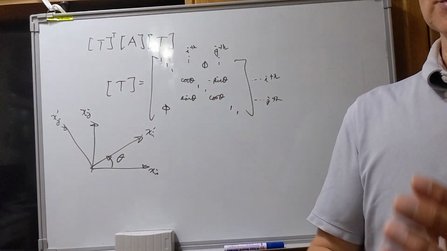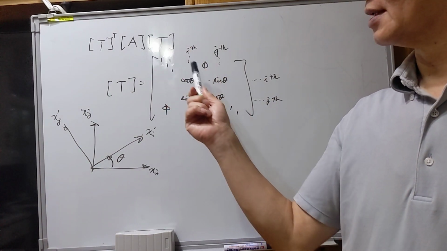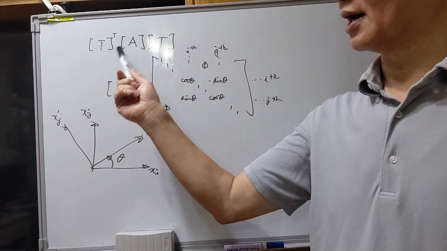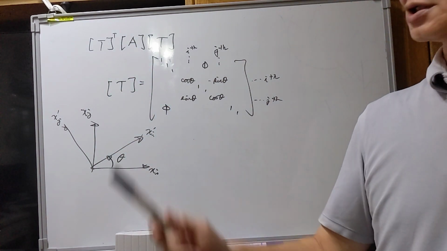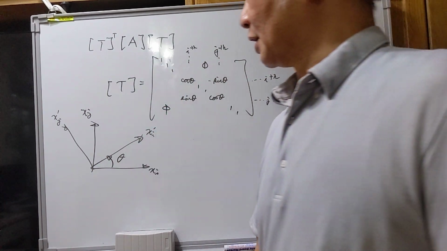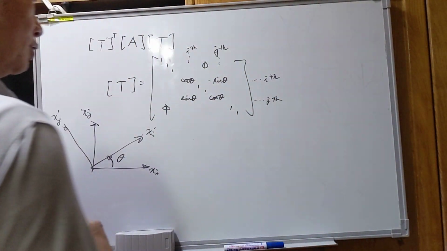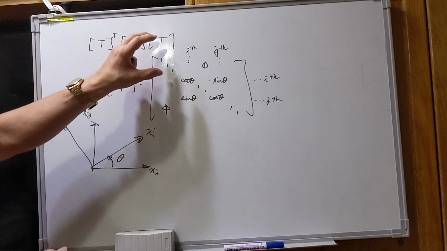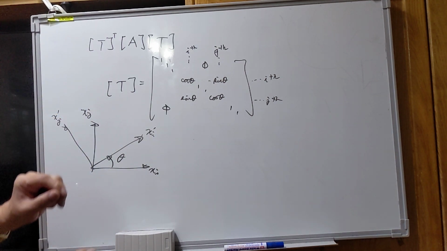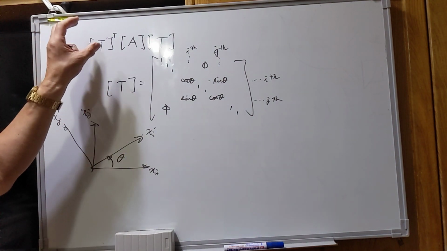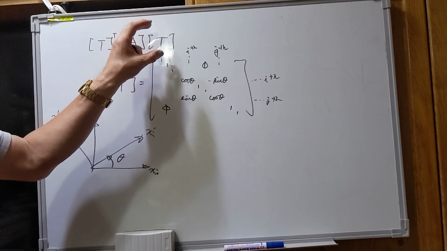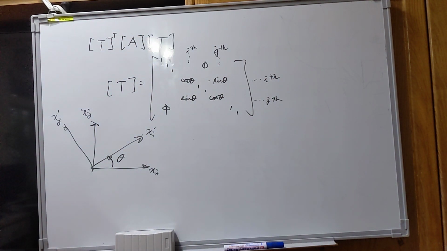And we like to post-multiply the T matrix and pre-multiply a T transpose matrix to the original A matrix. After these rotations, one is T transpose pre-multiplied to A, T post-multiplied to the A matrix.